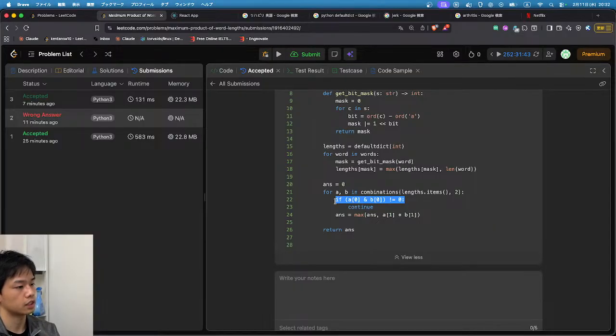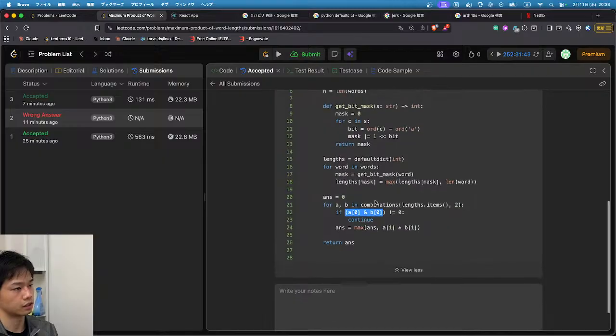And this is the check of the conditions. If this calculation is not 0, it means any of the bits is matched, and it contributes that the result is greater than 0. It's not 0, and it means they have common letters, right?